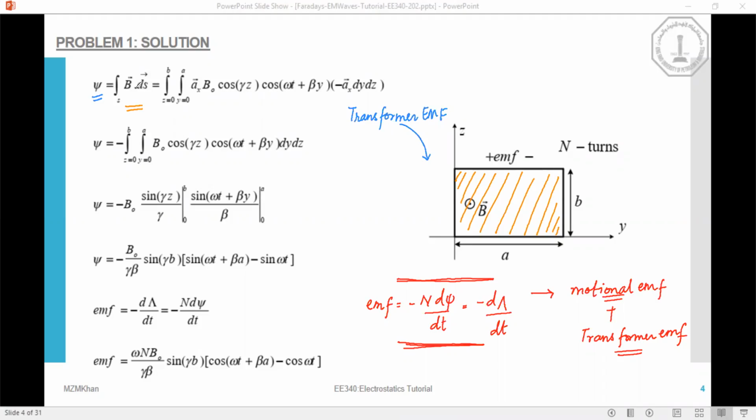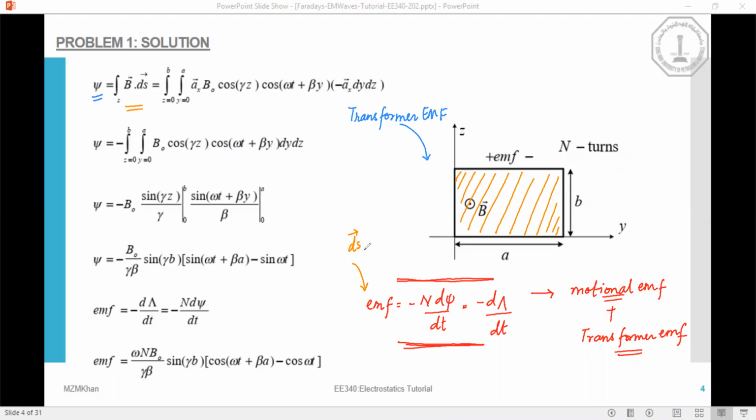What is your B bar? B bar is known to us, which is a_x B0 cosine gamma z cos of omega t plus beta y. Now ds. Whenever you are applying this expression, it is very crucial that you identify your ds properly.